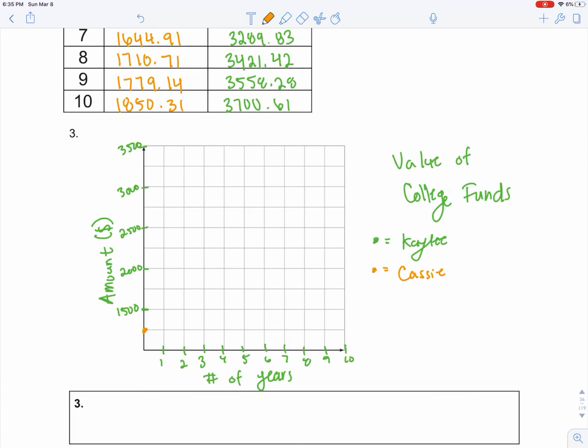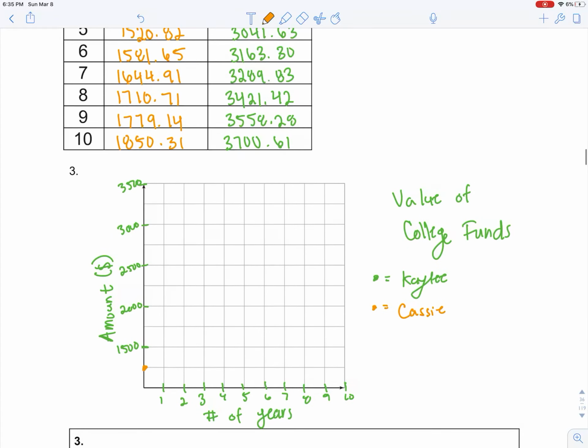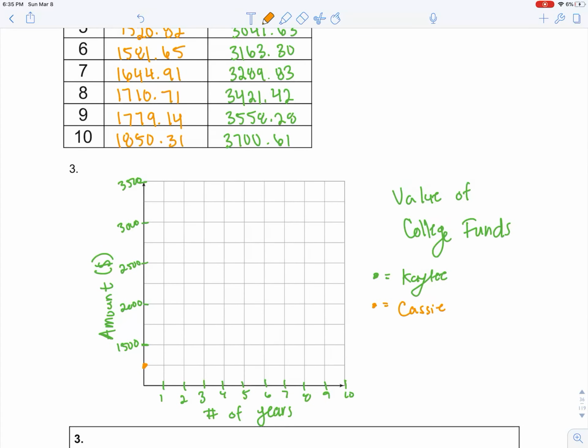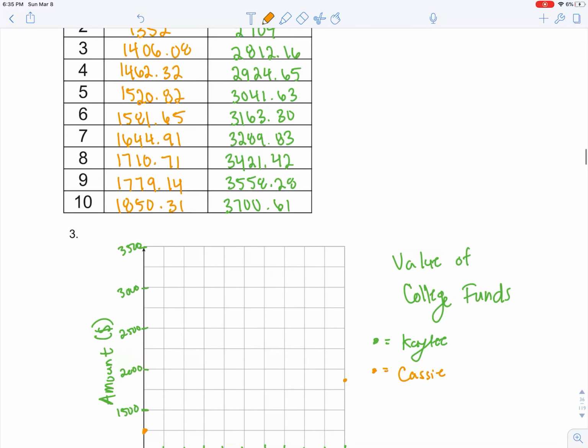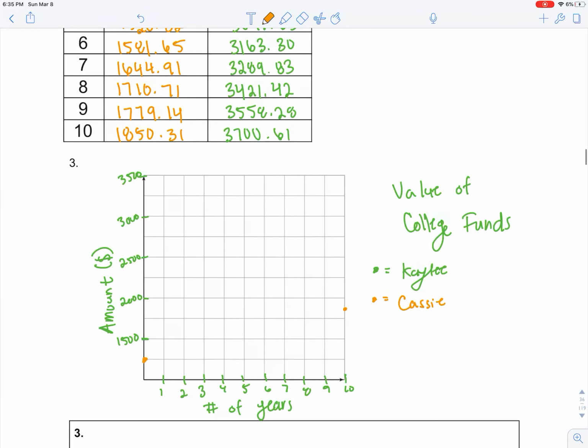So she's at 1,250, which is right here at 0 years. By year 10, she's at 1,850, which is somewhere between here. So I'm going to say approximately right there. I'm going to graph a few points in between just to give me the general shape of the curve. At year 7, she's at 1,644.